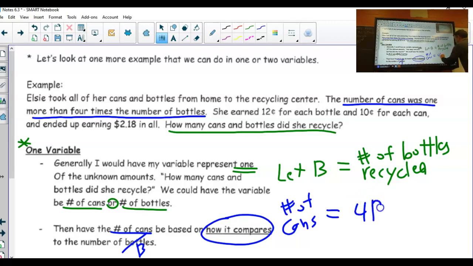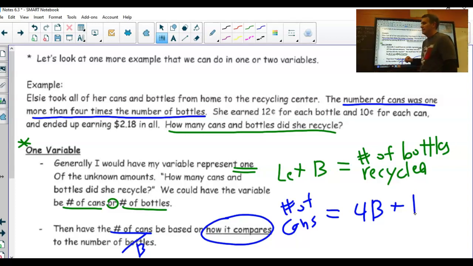So I'd probably write 4B plus 1. That's one more than 4 times the number of bottles. And I've now represented my other unknown amount, the number of cans, using the same variable, B.